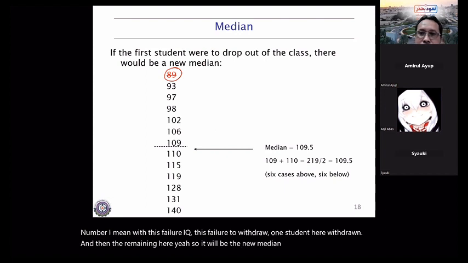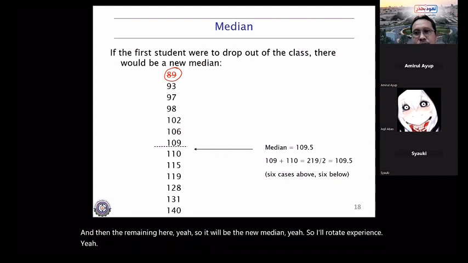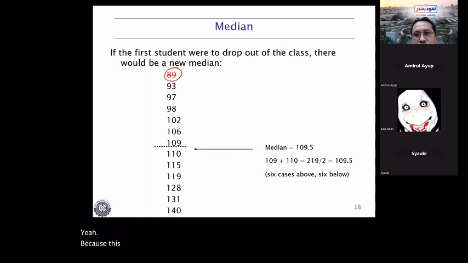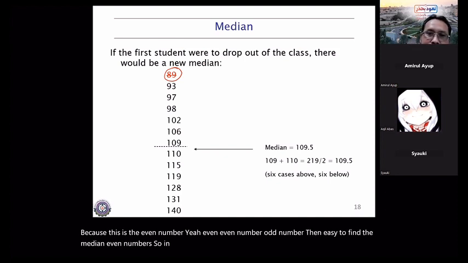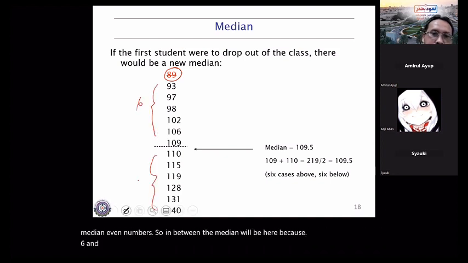So I wrote the experience here, because this is the even number. Previously it was an odd number, so it was easy to find the median. With an even number, the median will be in between the top 6 and the bottom 6.